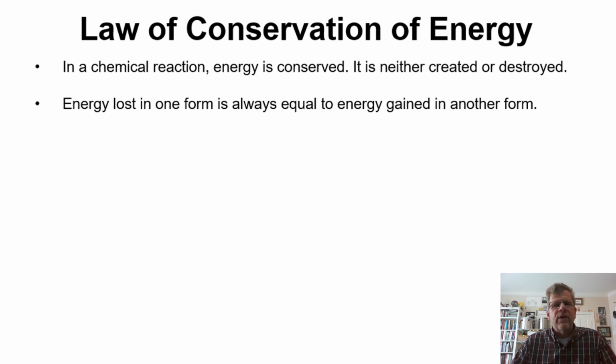The law of conservation of energy states that in a chemical reaction, energy is always conserved. It is never created or destroyed, very much like our law of conservation of mass, where mass is neither created or destroyed. Now, one difference here is that energy lost in one form can be gained as energy in another form.